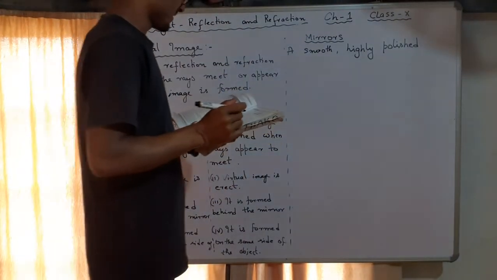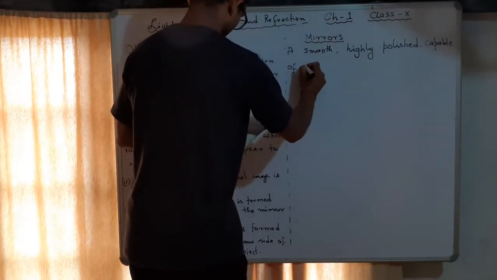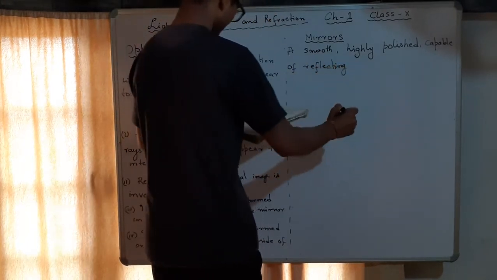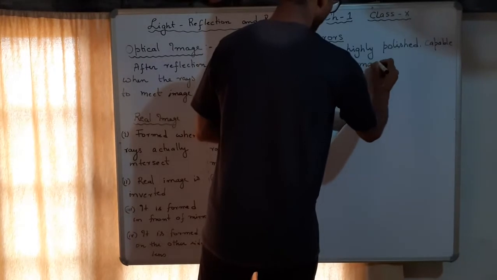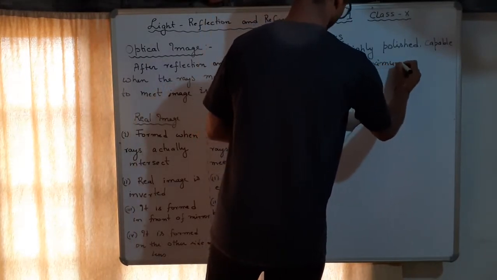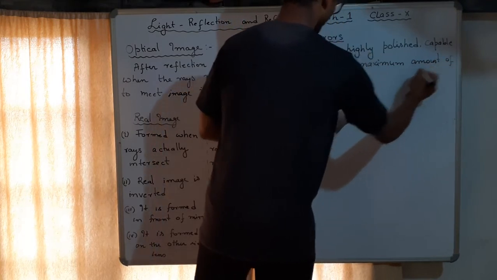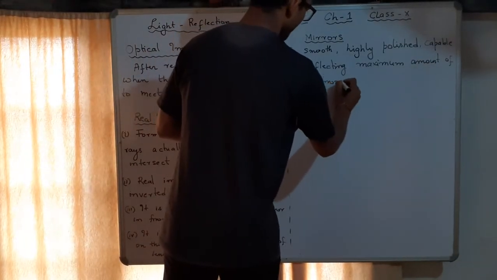Very smooth, highly polished, capable. It can do what? Capable of reflecting maximum amount of light from its surface.